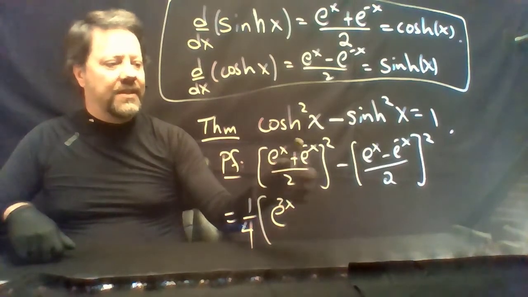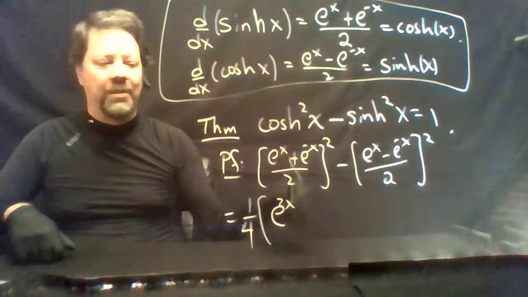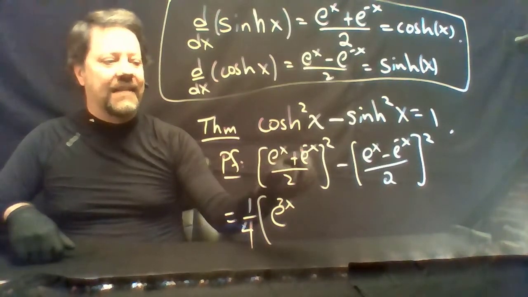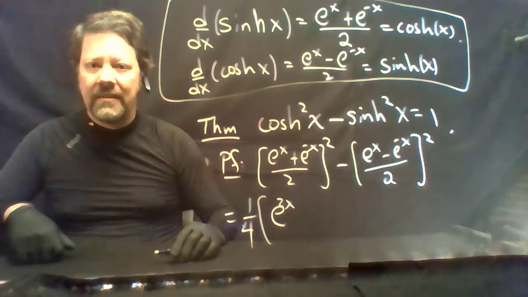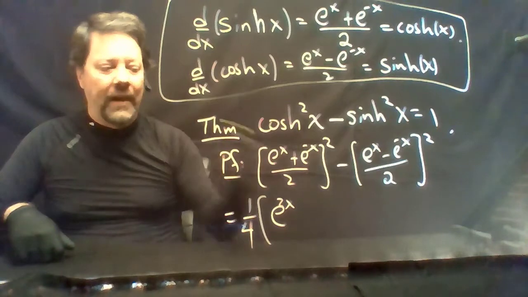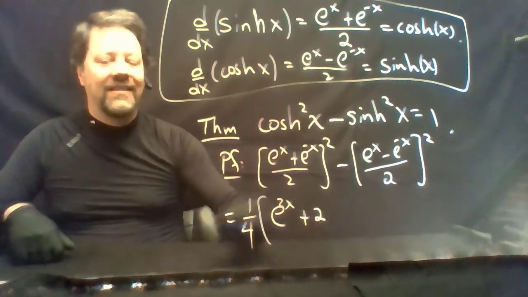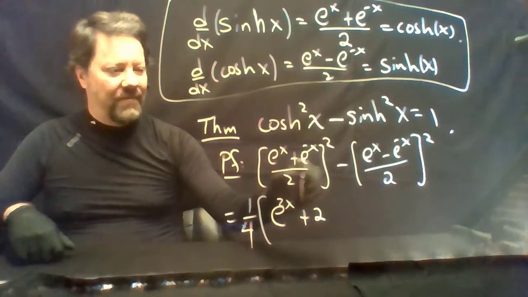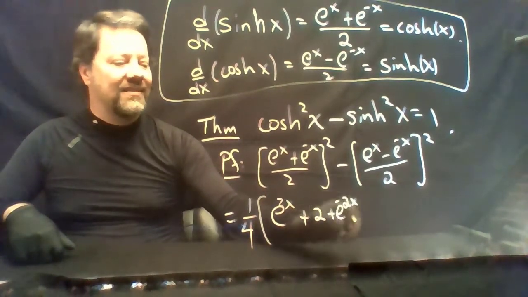There's always the first times the last times 2 when squaring a binomial. If I take e to the x times e to the negative x, I have to add the exponents. And x plus negative x is 0. E to the 0 is 1 times 2, first times last times 2. That gives me 2 next. And then the last term squared is e to the minus 2x.